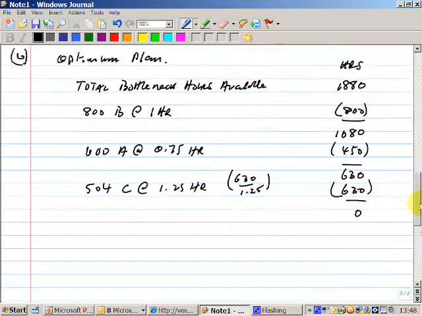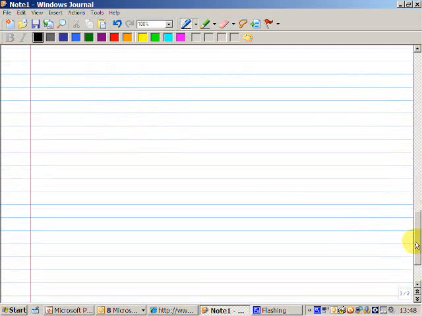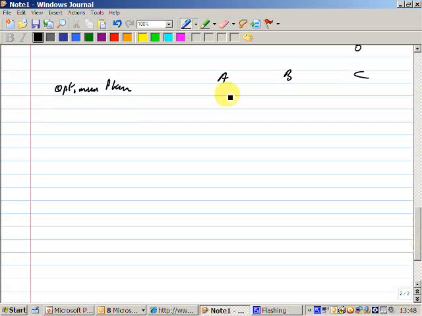Okay, so looking at the profit calculation then, so we can say our optimum plan for A, B, and C is going to be 600, 800, and 504.